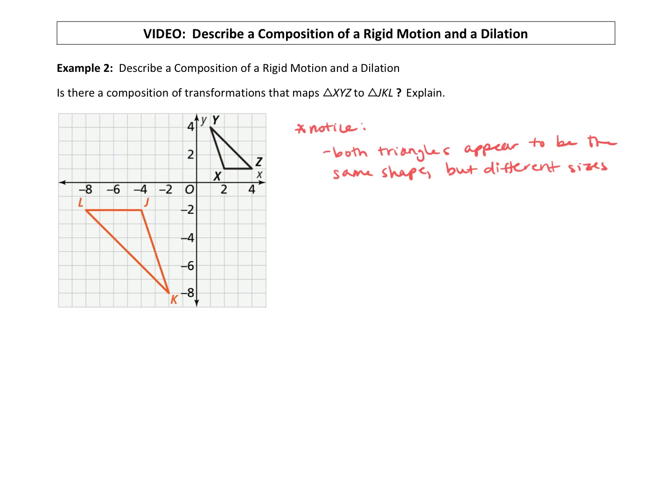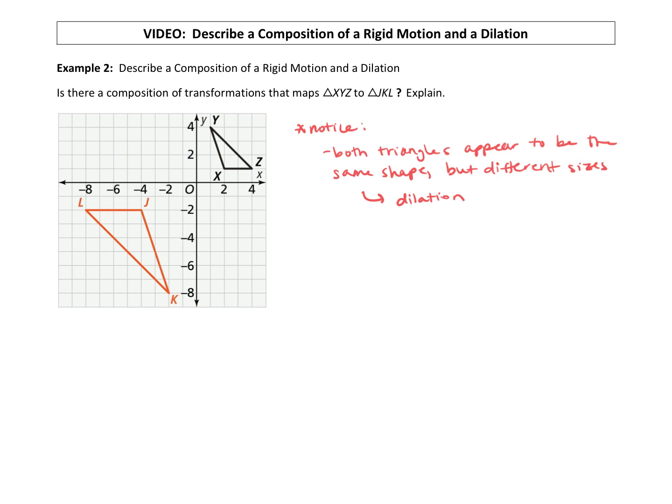So when we notice that, that means that we're probably looking at a dilation. So, yep, similar shapes, different sizes, probably a dilation. Can we figure out what the scale factor would be?